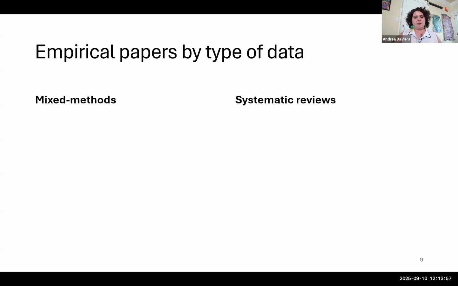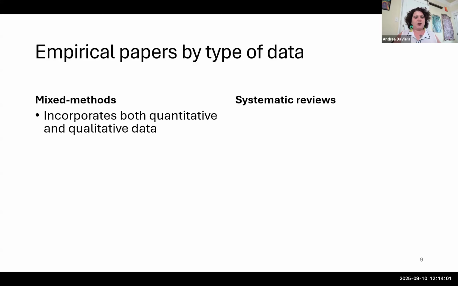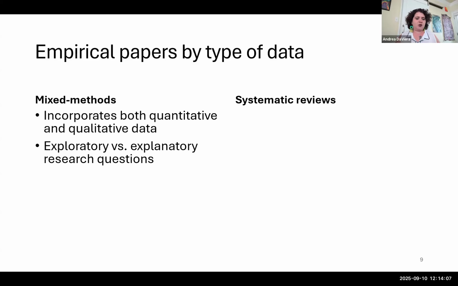Really quickly, there's other kinds of data-based papers as well. Mixed methods is when you're incorporating both quantitative and qualitative data. So that might look like a more exploratory or explanatory design where you either start with the quantitative and then add a qualitative piece, or you start with a qualitative piece and then add a quantitative piece to try to explain something.